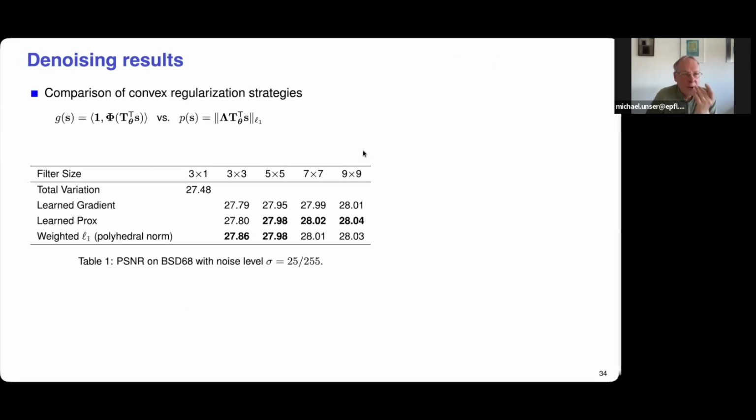So here are the denoising results. We used either this, okay, so this is the regularizer predicted by the theory, and this is a more general form where the potential can be learned. And so here are the results. If you learn this using the gradient algorithm, you get this kind of results. If you learn this using the proximal algorithm, you get this kind of results. And now if you don't learn this, but just use a weighted L1 norm as predicted by the theory, you get this.